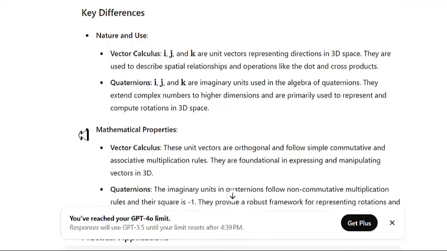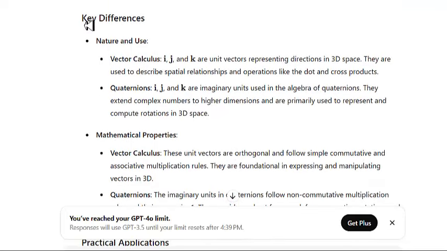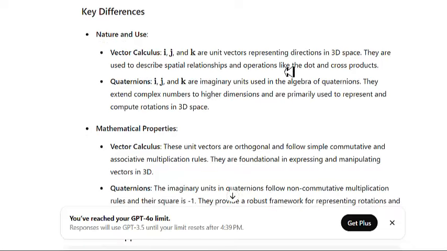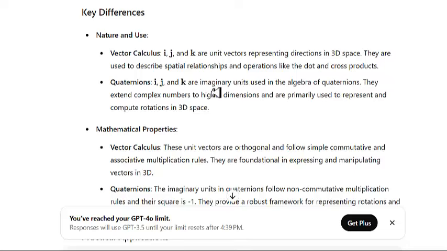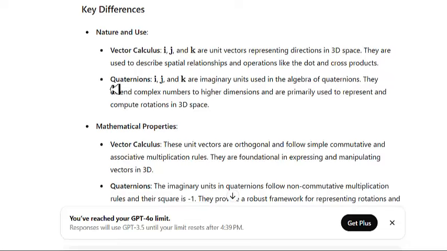Okay, so let's look at the key differences, of nature and of use. In vector calculus, i, j, and k are unit vectors representing directions in 3D space. They're used to describe spatial relationships and operations like the dot product and the cross product. In quaternions, i, j, and k are imaginary units in the algebra of quaternions.